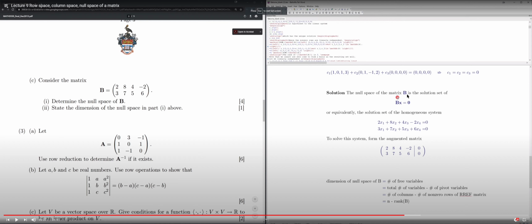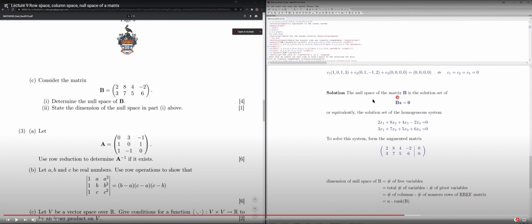And so I had this matrix B, I looked at this as an example. This is a 2 by 4 matrix, and to get the null space of B, you consider the matrix equation Bx equals 0, where x is a vector of unknowns. You can do the matrix vector multiplication, and when you do that, this matrix equation is equivalent to a homogeneous system.